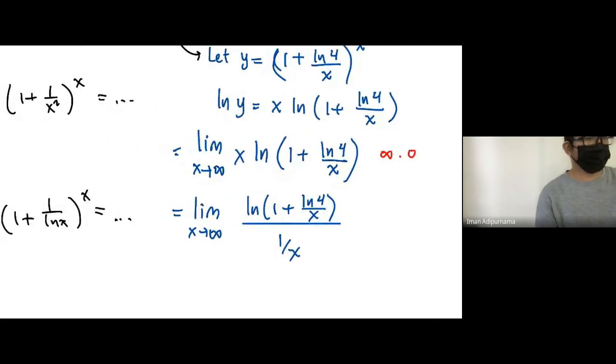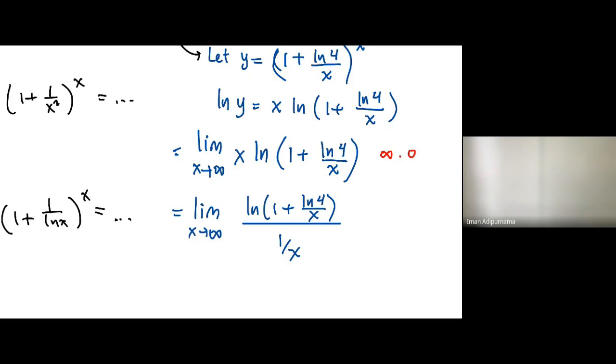Now if we check the condition here, this is 0 over 0, right? ln 1 is 0, and ln of 1 over infinity is also 0. Remember, if you have ln of a constant, this is a constant. And also remember, e is also a constant, not a variable. So this is 0 over 0.